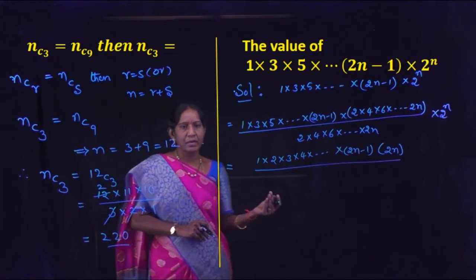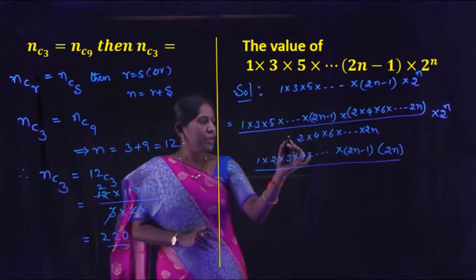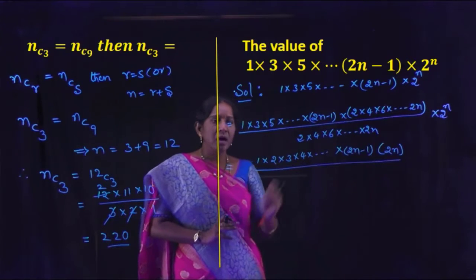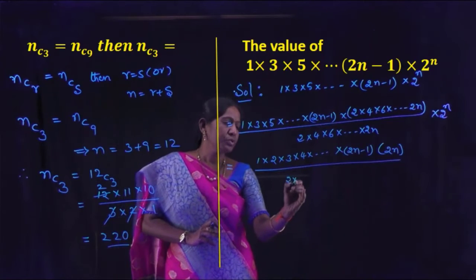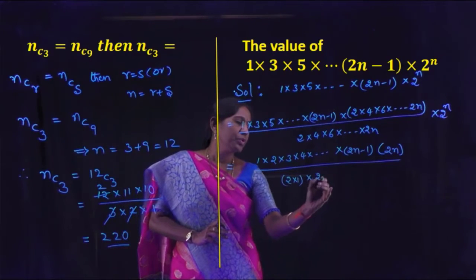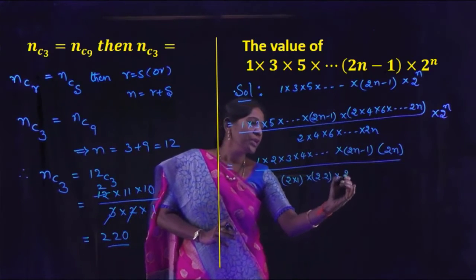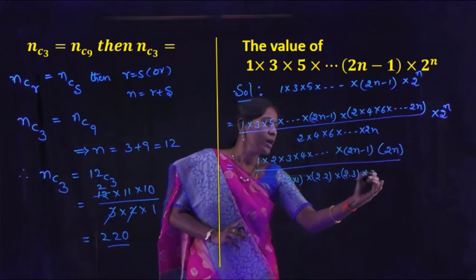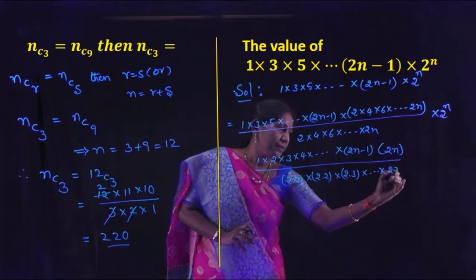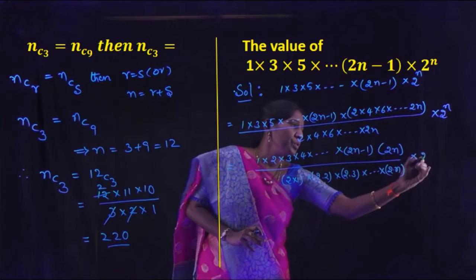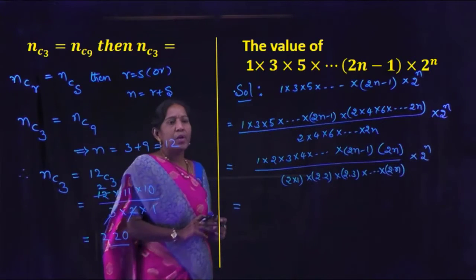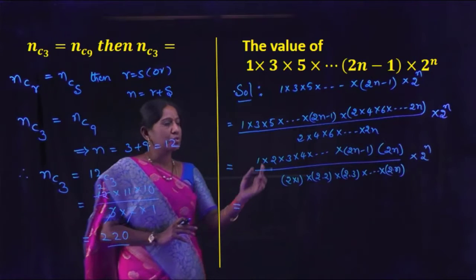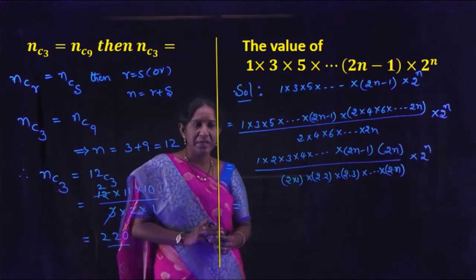All of these can be written as multiples of 2: 2 into 1, 2 into 2, 2 into 3 and so on, 2 into n, into 2 to the power n.